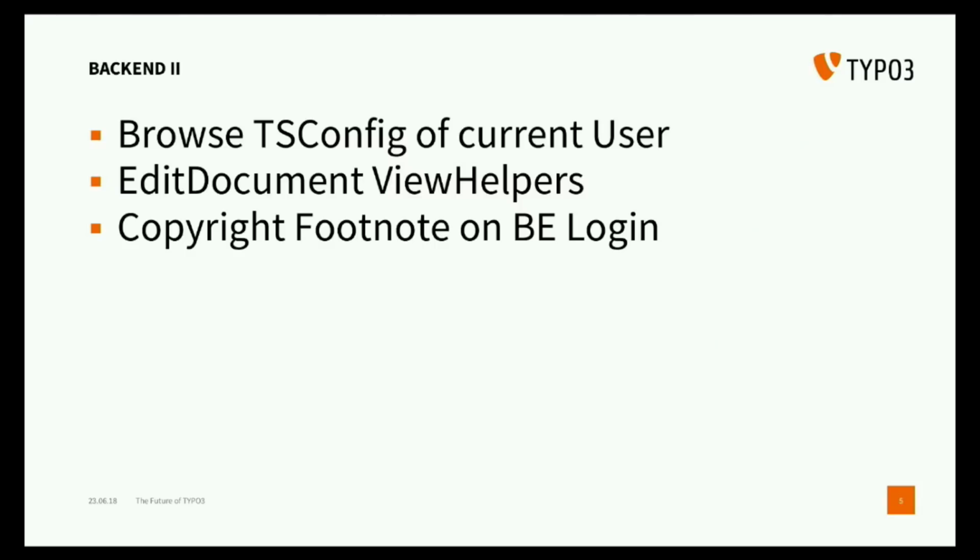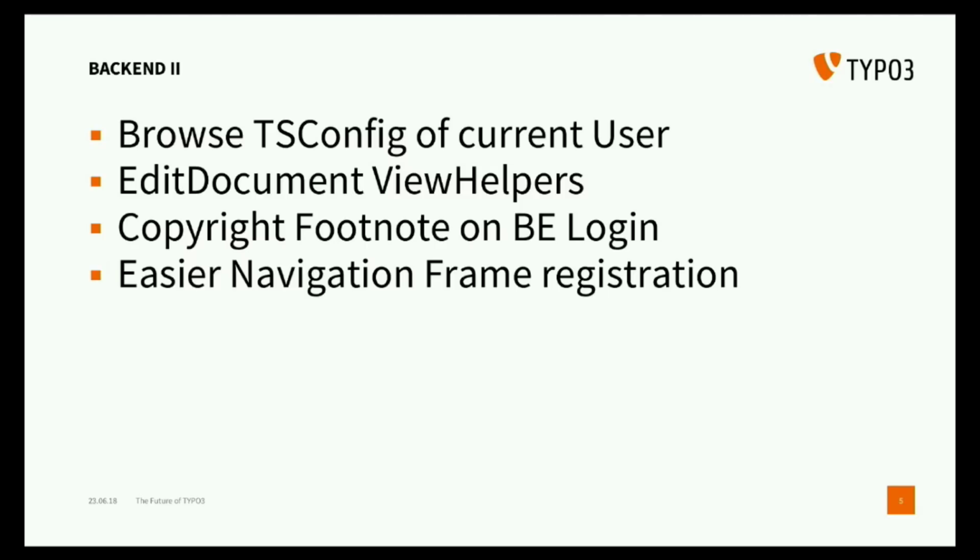Very small but very helpful, at least in my opinion, is the copyright footnote on the backend login screen. You might have seen that. We did a video on it. It's that in the lower right corner of the backend login, you can provide a small text portion about copyrights. At least it's intended for copyrights. You can use it for a phone number or whatever text you want to show in the login.